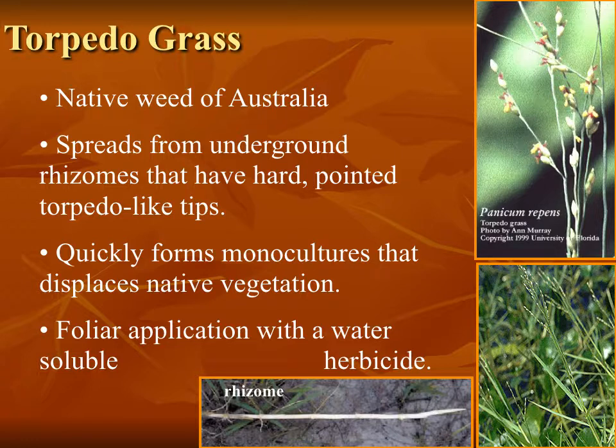So the rhizome will shoot like a torpedo underneath your turf grass, and it'll go feet in a year, feet and feet in some cases if the conditions are right. And because it has a thick, fleshy rhizome, it's an underground storage organ for the plant as well. It makes it a very difficult job to control, even with herbicides.